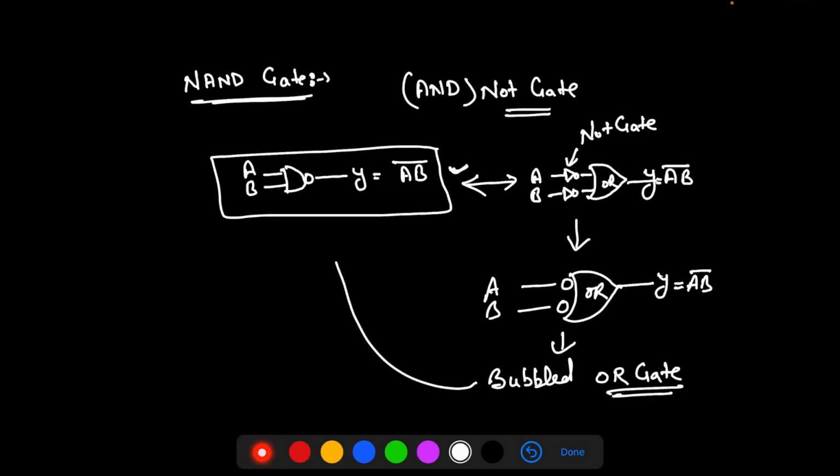Bubbled OR gate is equivalent to NAND gate.